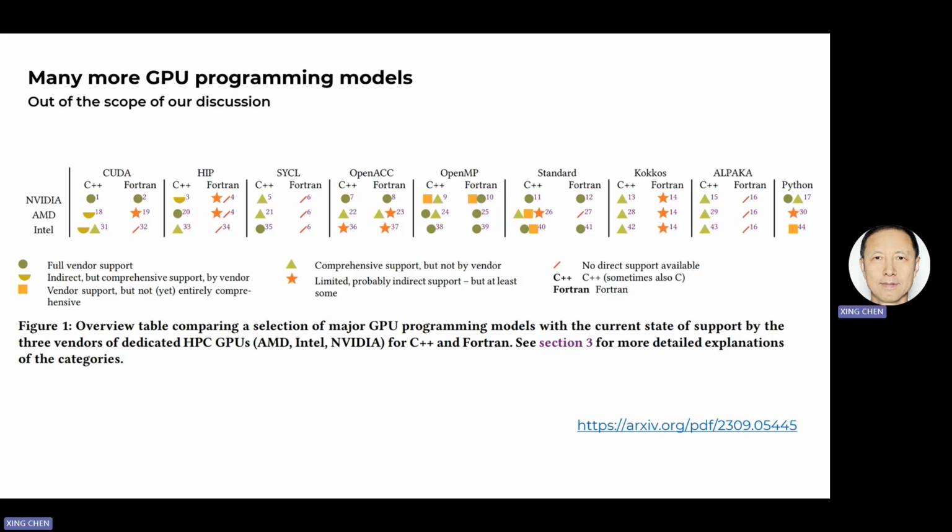GPU computing has been here not so many years, I mean, maximum 1 decade. If you look at MPI, MPI has been here, let's see, 3 decades or 4 decades.